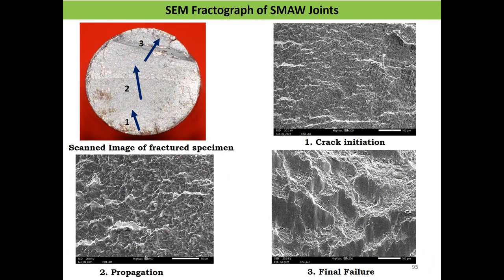Here, a similar trend was observed: crack initiation, propagation and final failure. The marks 1 to 3 indicate the different images here, showing how the crack propagated continuously and ended with the final failure at the third stage.